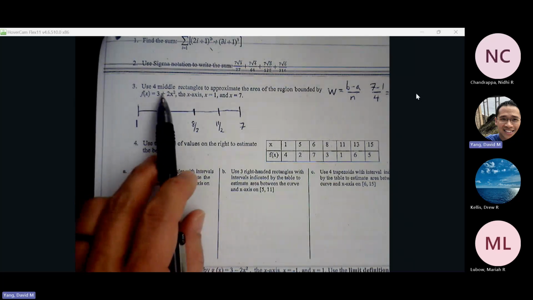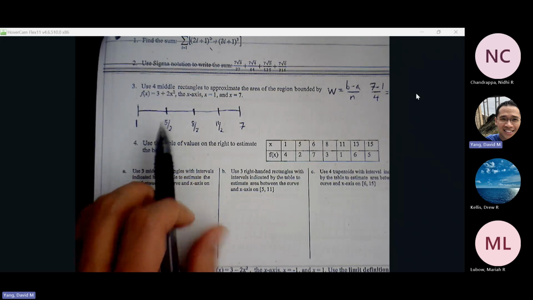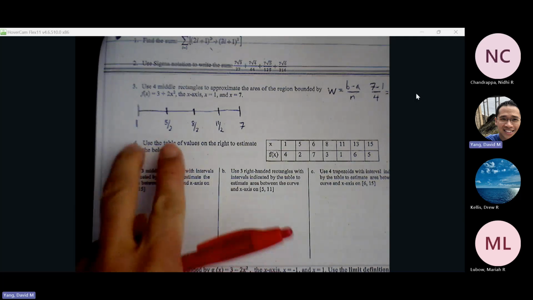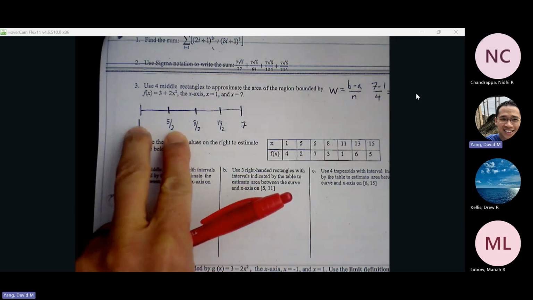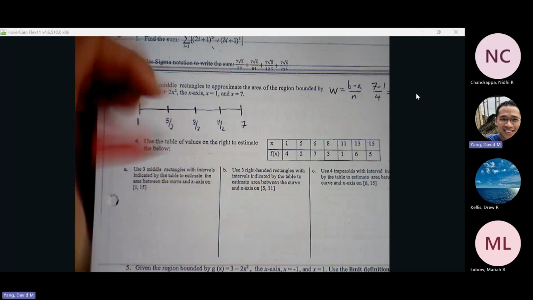We're not quite done yet. We need to use midpoint or middle rectangles. So I need to find the midpoint of each of these subintervals. The way we find the midpoint is to think about how you find the average of two numbers. You add and divide by 2, right? So 1 plus 5/2 is 7/2, divided by 2 is 7/4.